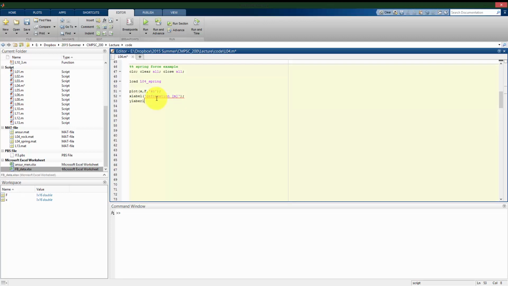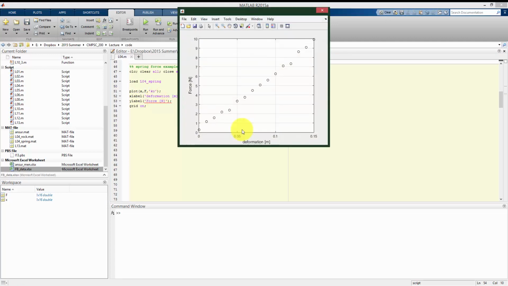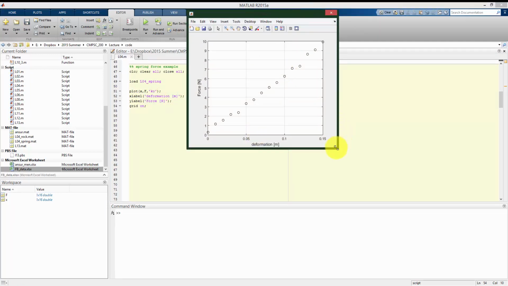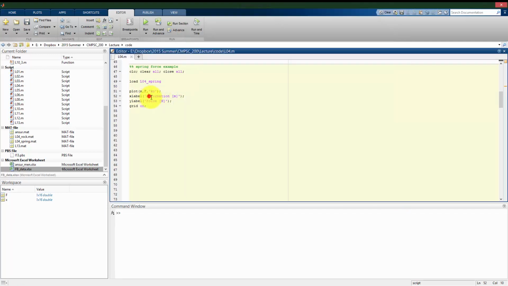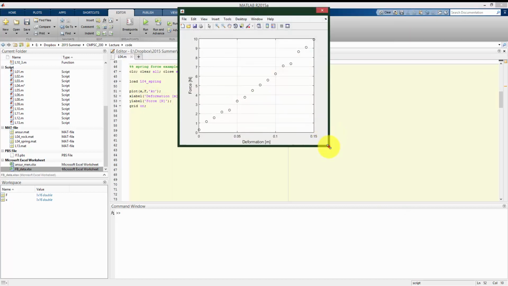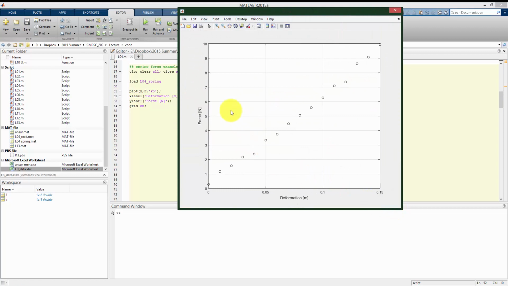And the y-axis is the force in the spring, and that is measured in newtons. And I'll turn on the grid. And if we make this look a little bit bigger, all right, so here we go. We measured every 1 centimeter what the force in the spring was as we pulled it along.